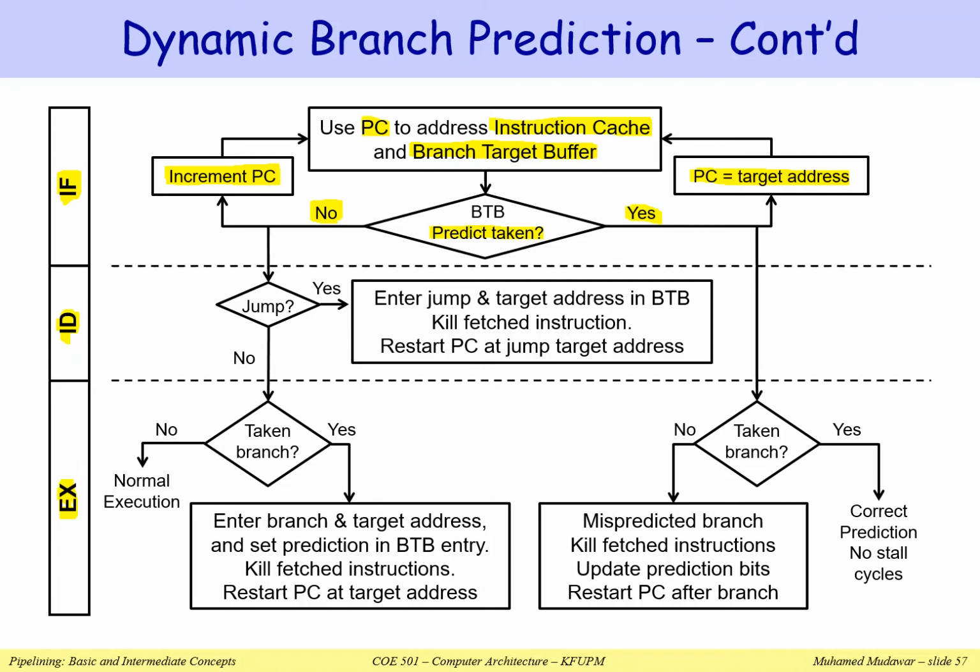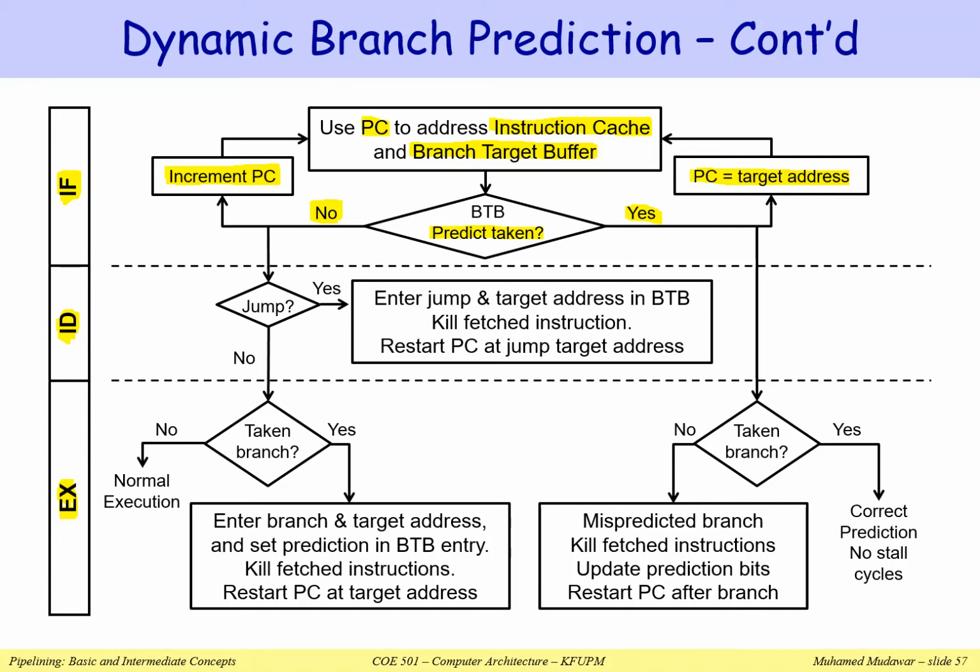Now, the next two stages, the instruction decode and the execute stage, are going to verify whether the prediction was done properly in the first stage of the pipeline. In the second stage, we can examine the opcode. From the opcode, we can check if the instruction was a jump or a branch.